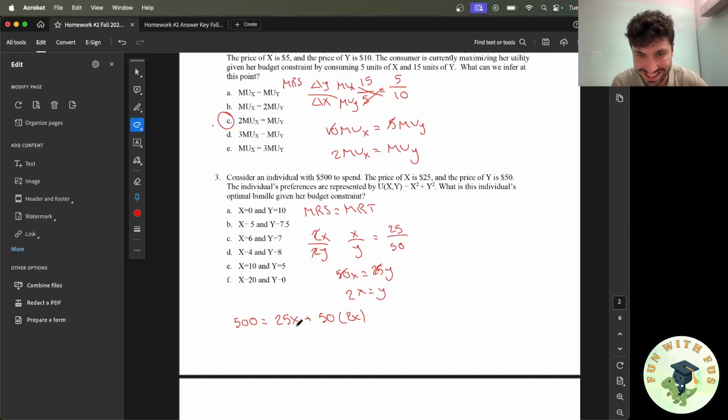Sorry, I'm brain farting. That's the point, that we're trying to isolate for one variable. So then I get 500 equals 125x, and if I divide that over, I get x equals 4. So I think this is what they want you to get. This is a tricky one.